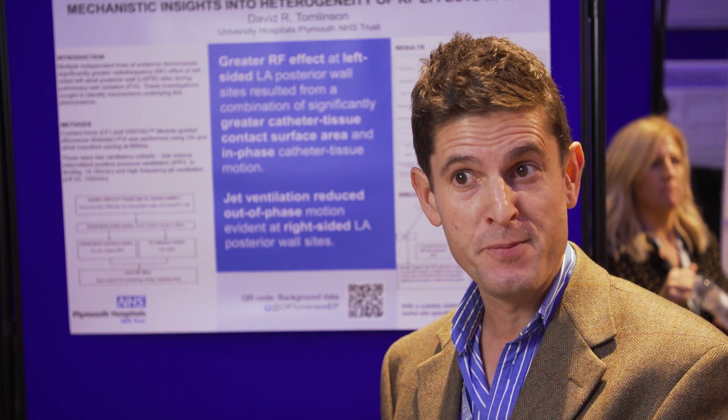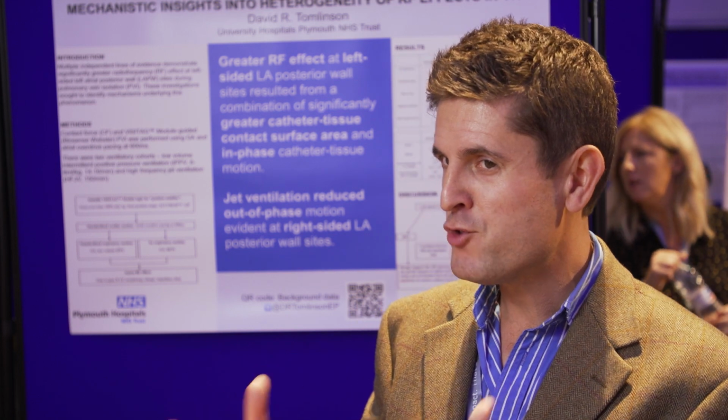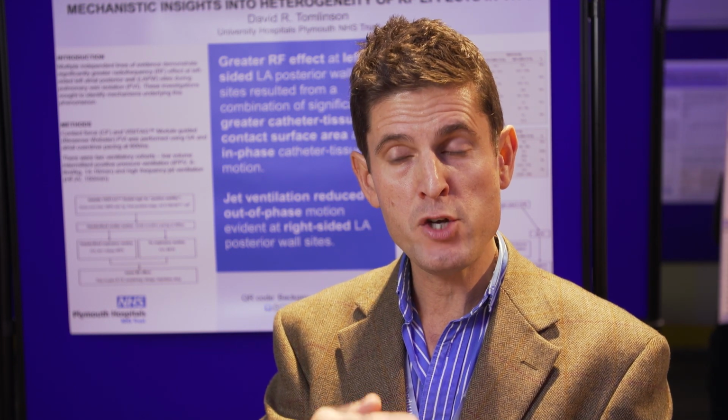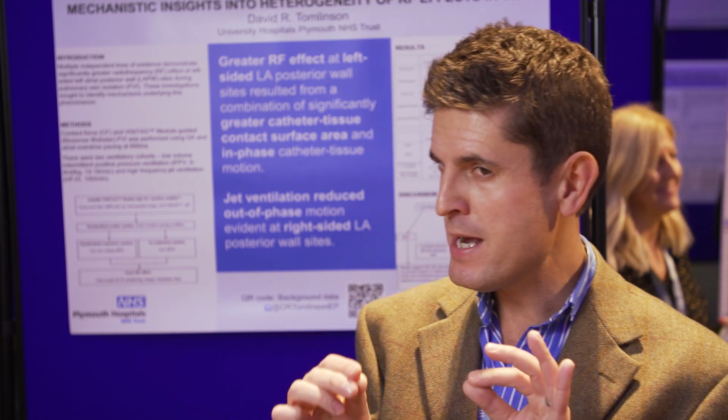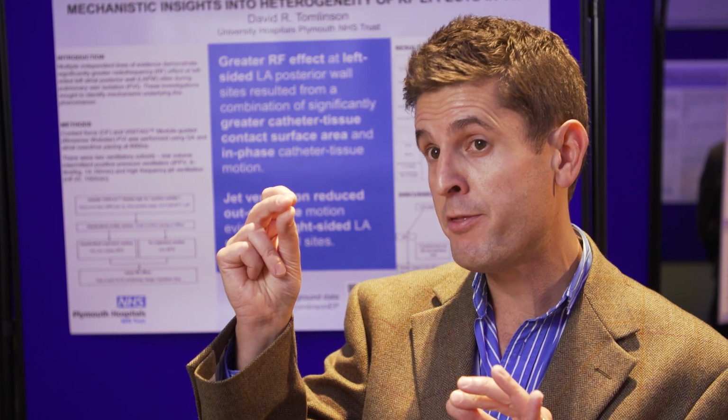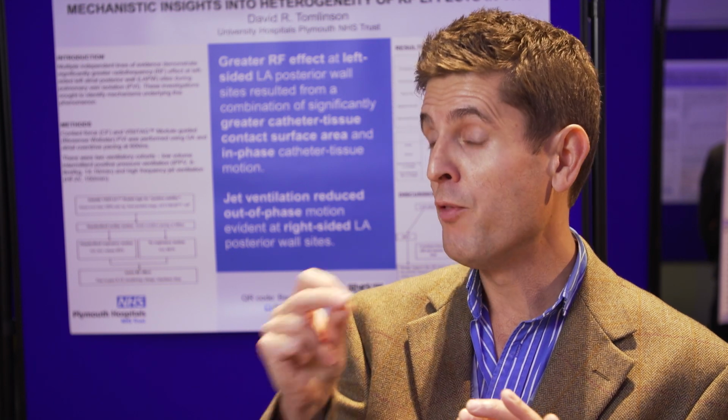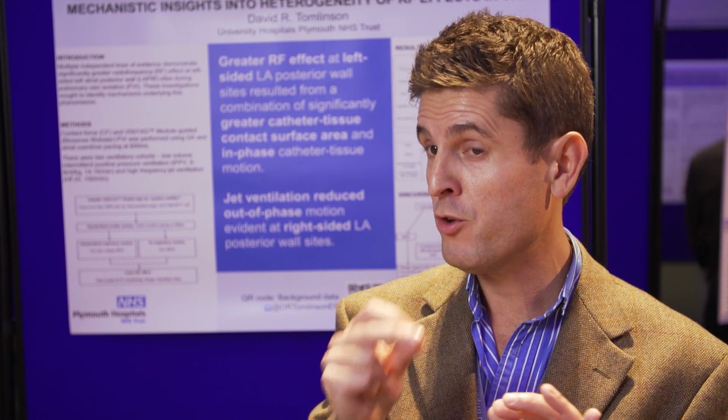But I'm trying to control, for the effect of respiration, movement in the XY axis by eliminating all respiratory motion through jet ventilation. So basically what I've shown is that even with jet ventilation, you still have a greater radiofrequency ablation effect on the left-hand side of the left atrial posterior wall. And somewhat crazily, this is even when adopting a 30% lower power reduction on the left side of the left atrial posterior wall, so 20 watts versus 30 watts on the right side.